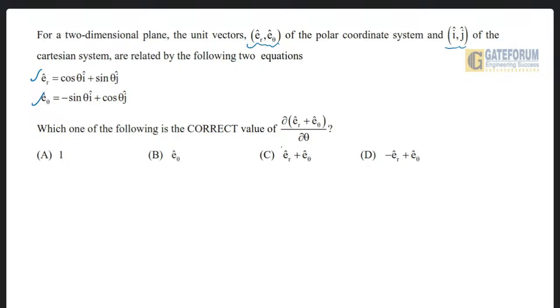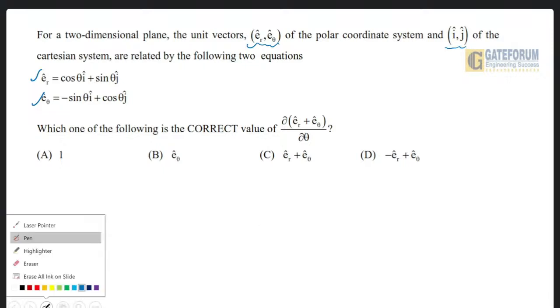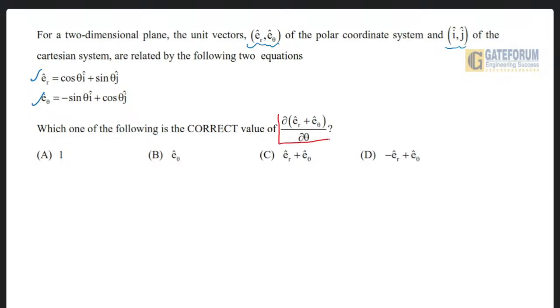Now we have to find dou by dou theta of e_r cap plus e_theta cap. The solution is: first just add these, e_r cap plus e_theta cap, like terms to be added. So take i cap common after adding, take j cap common after adding.